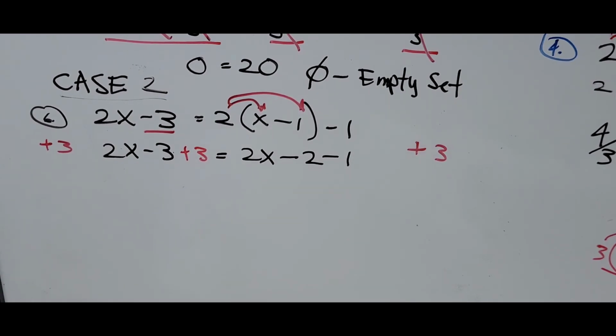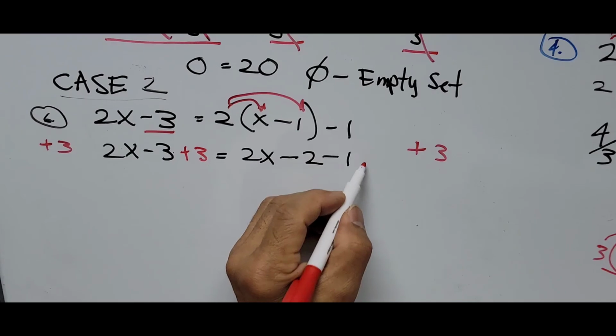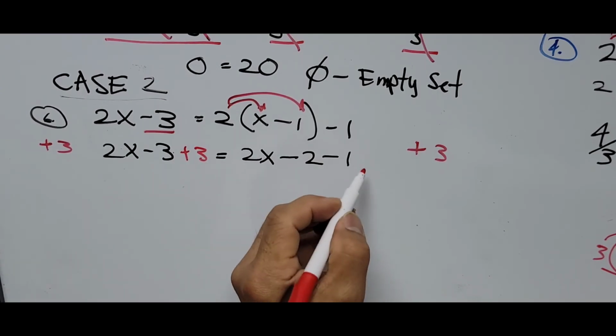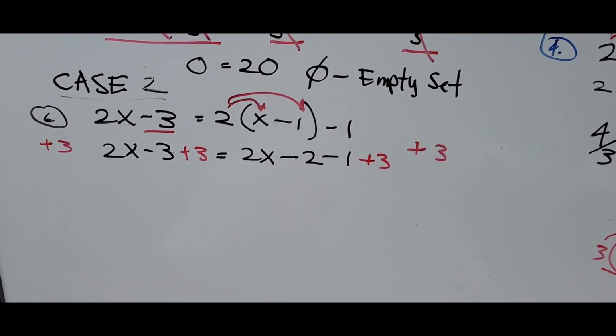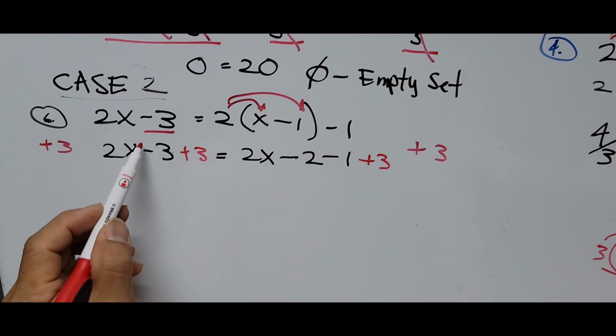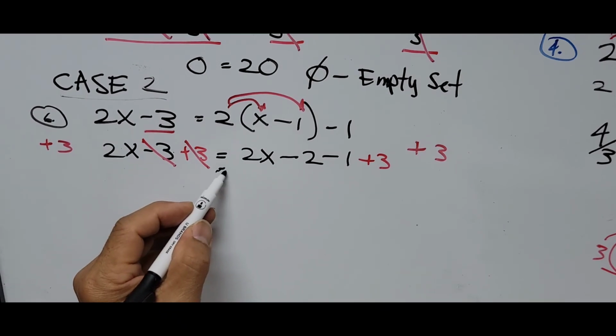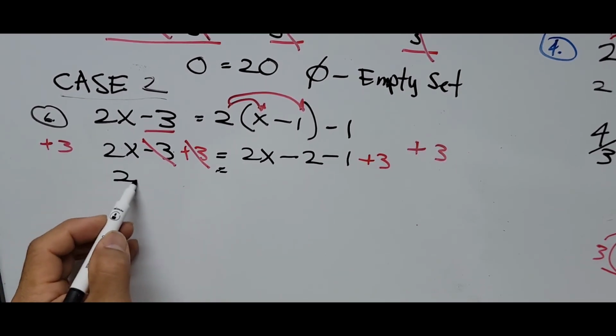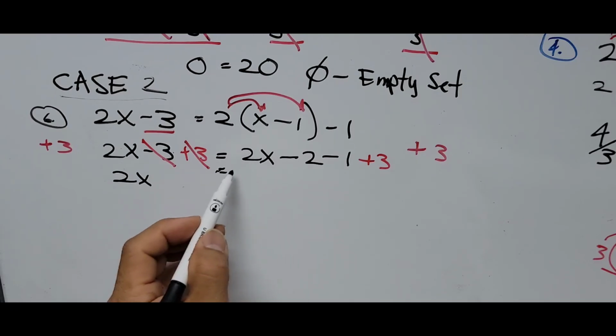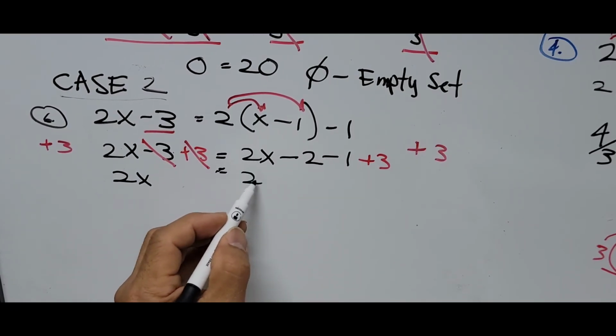Okay, and now you have that plus 3 right there. Since you added 3 over there, you get plus 3 over here. Alright, okay, so it cancels out. What do you have left? 2x. What do you have right here? 2x.